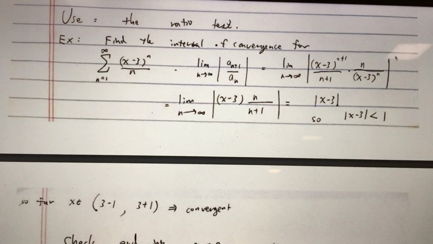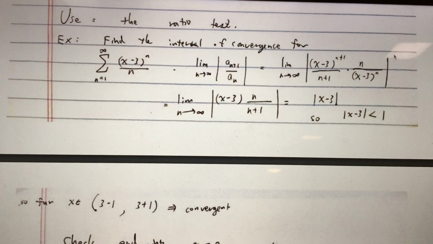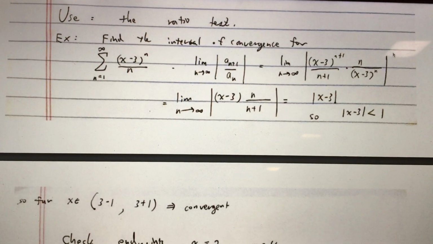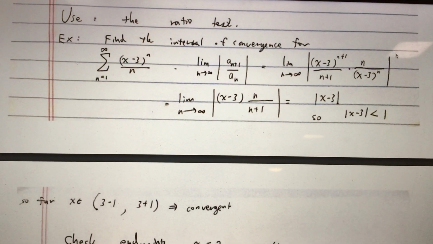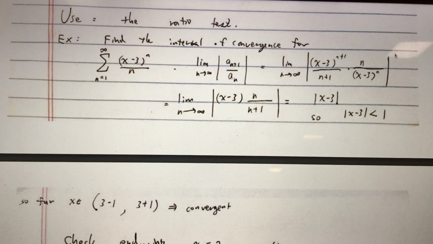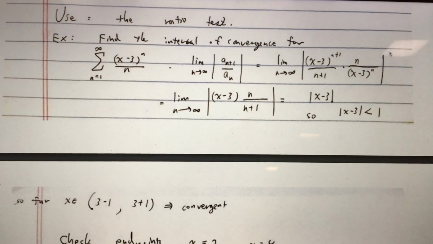It doesn't have anything to do with the a, which is 3 here. So it's just a reminder of how to plug in n plus 1 and then copy the original with just n and then take the limit as n goes to infinity.